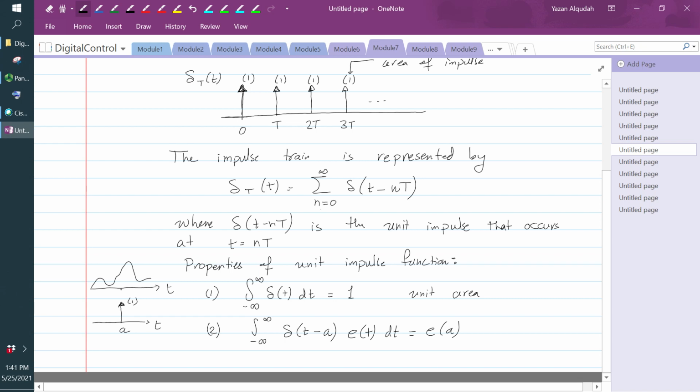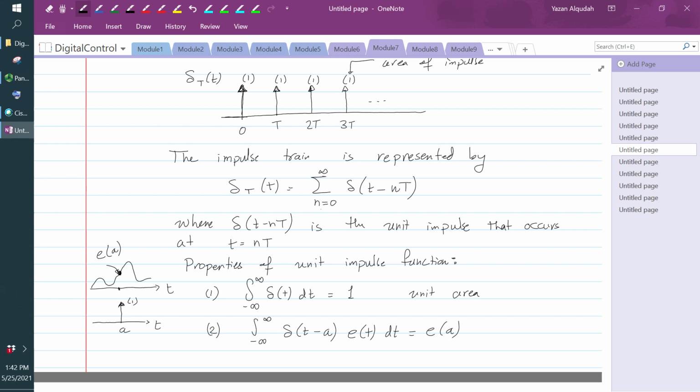This impulse is going to multiply this signal when t is equal to a. So this signal at this value here that I highlight, that I have the arrow pointing to, is equal to e of a. Now, if I multiply this impulse by this signal, the area is going to scale so that it is equal to e of a. Okay.